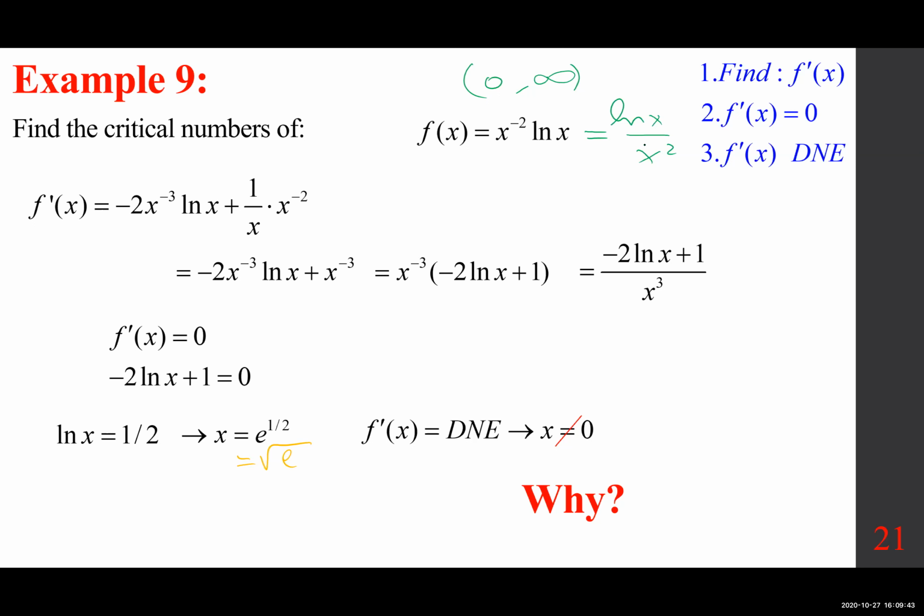That's the restriction on natural log. The bottom, the only restriction is x can't be 0, but the top has a more restricted restriction, and therefore 0 to infinity is the domain. That's why. And so having said that, let's look at the last question.